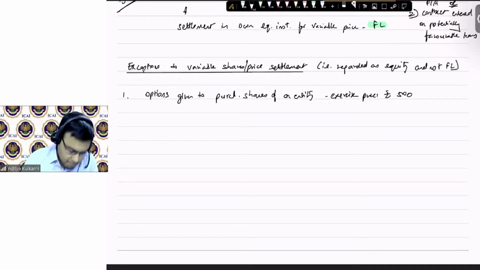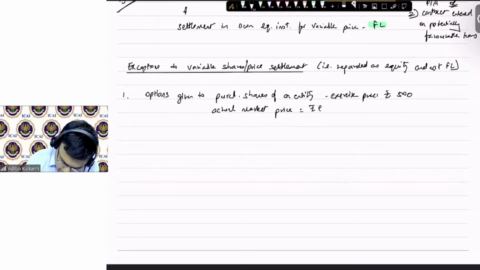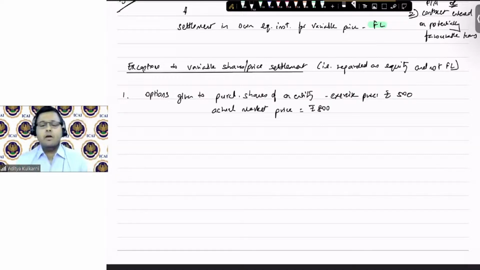Now suppose the actual market price on the date of exercise is rupees 800. Think logically: will you exercise this option?